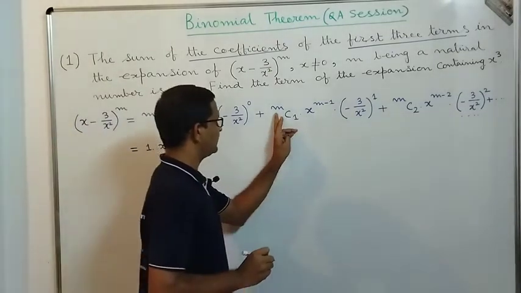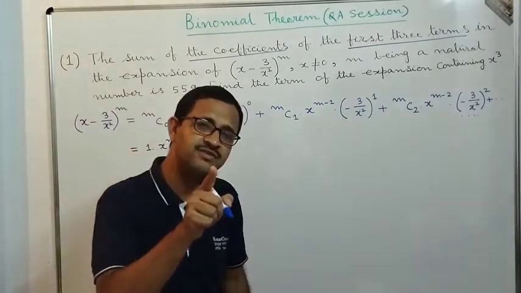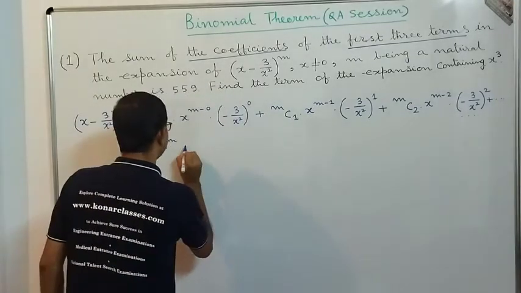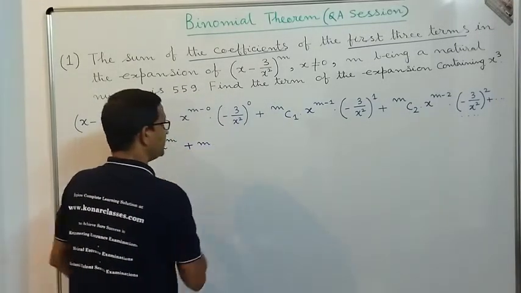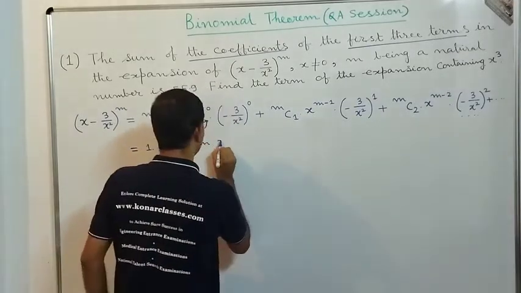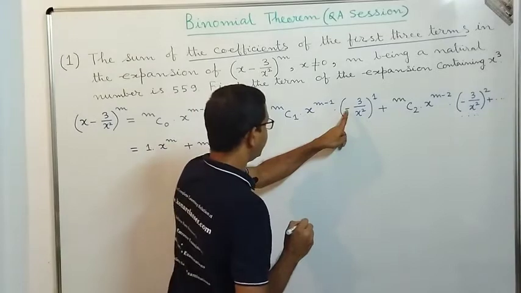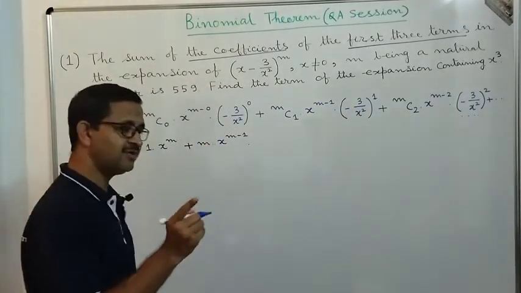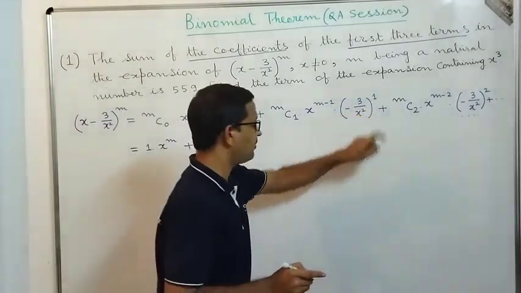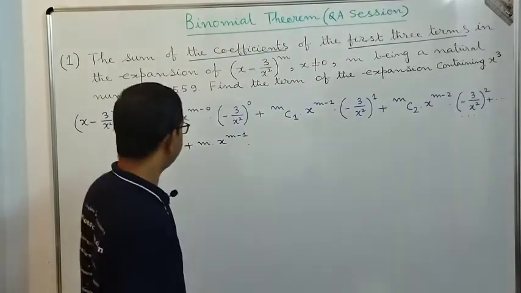Then the next term, mC1. We know the value of mC1 is m. So we can write m into x to the power m minus 1 into minus 3 by x square. So minus 3 to the power 1 means minus 3.